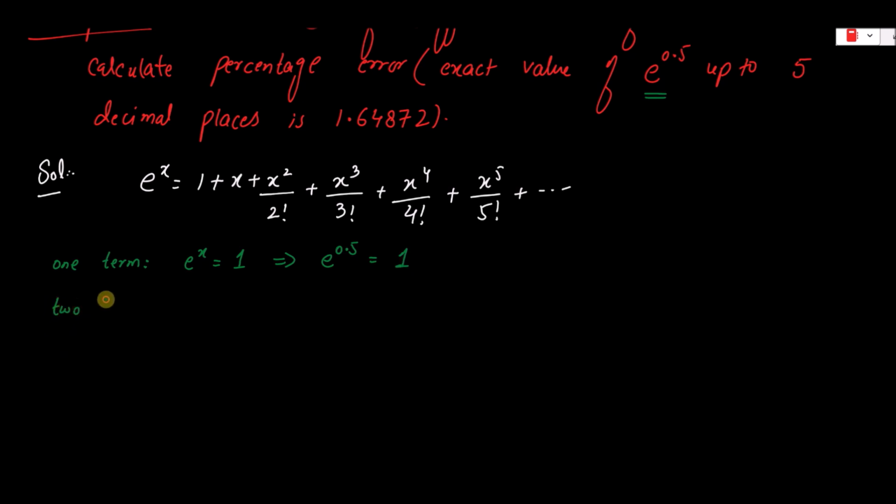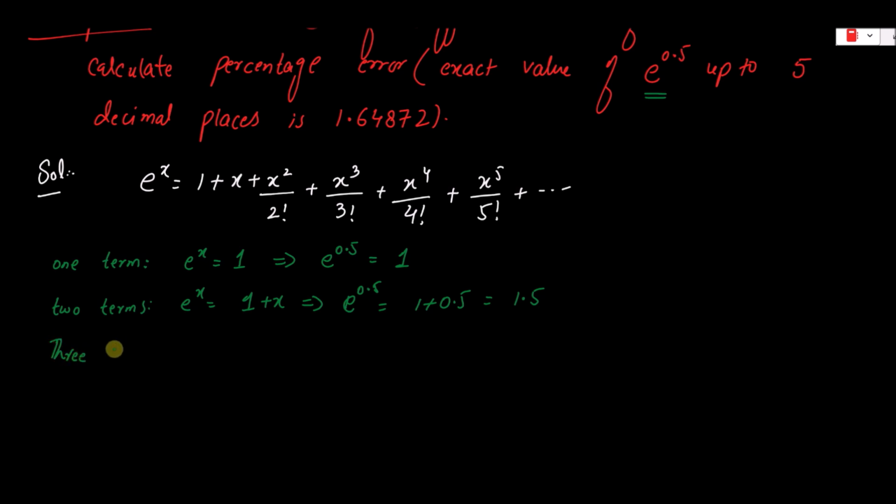If we choose two terms, then e raised to the power x is equal to 1 plus x, so e raised to the power 0.5 is 1 plus 0.5, which is equal to 1.5. That is the one term answer and that is the two term answer.